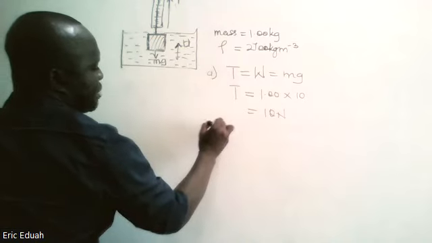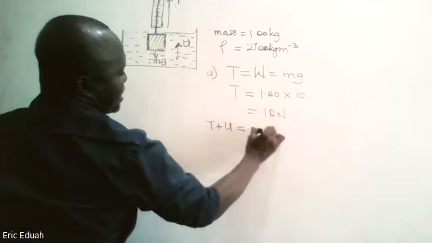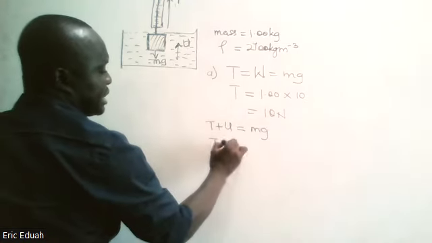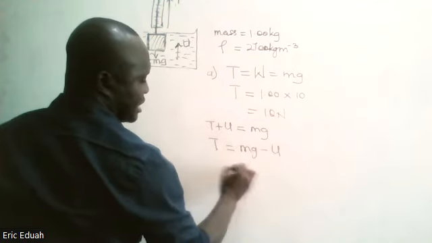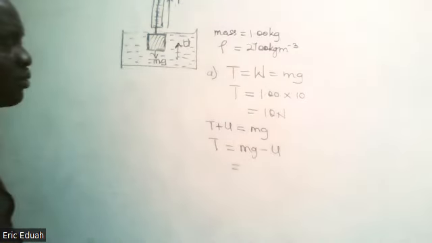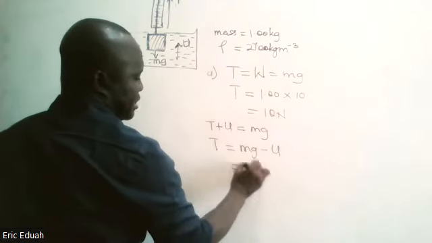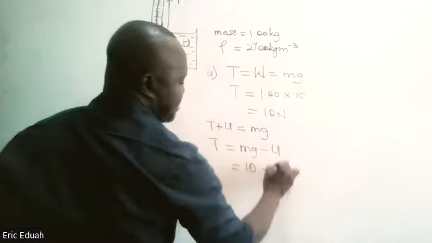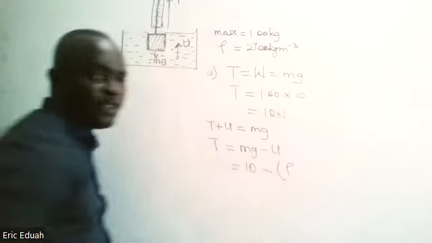So T plus U would be balanced by mg. Therefore, the tension will be equal to the weight minus the upthrust. What is the weight? The weight will certainly be 10 Newton minus upthrust. Upthrust is always given by the density of the fluid.